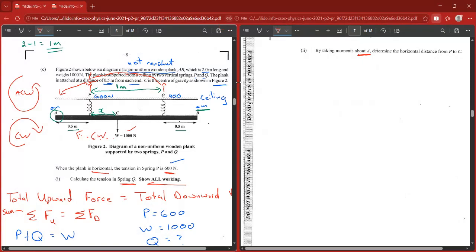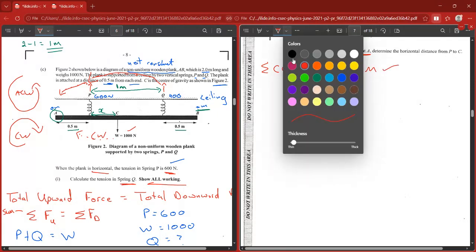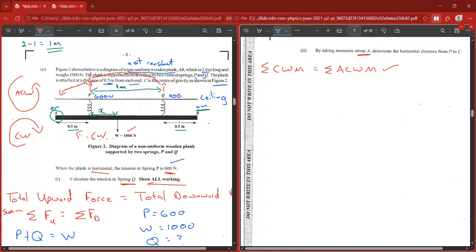So we have to say now the sum of the clockwise moments will be equal to the sum of the anti-clockwise moments. From this, the clockwise moment will be W alone. So what is the formula for moment? Moment is force multiplied by distance.